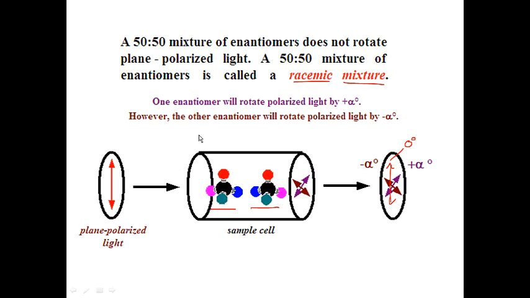Pasteur mixed equal crystal mixtures of the D and L forms and showed they had no rotation. So if there was this other acid called racemic acid, that's where the racemic mixture, I believe, came from. A 50-50 mixture of enantiomers is called a racemic mixture.